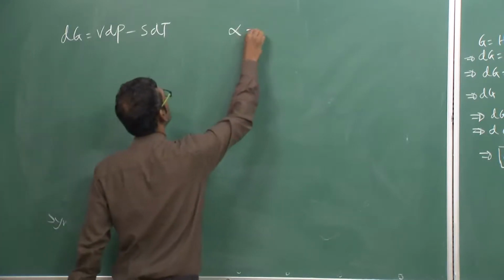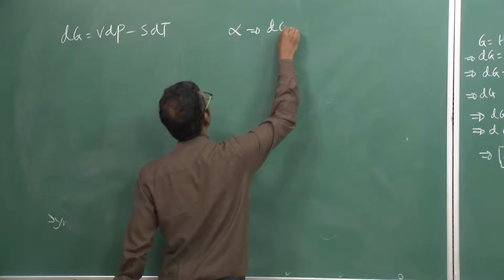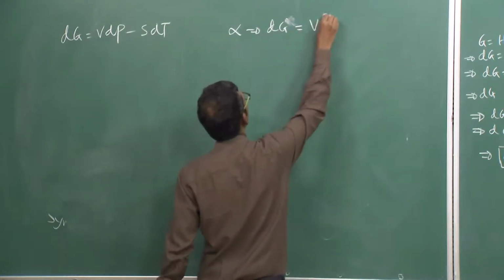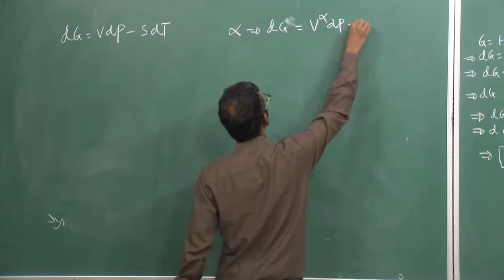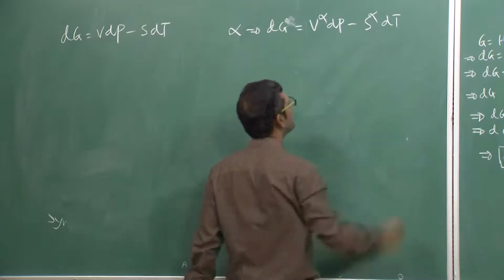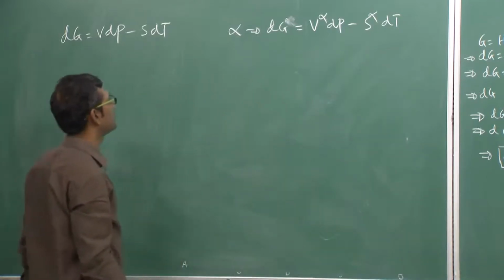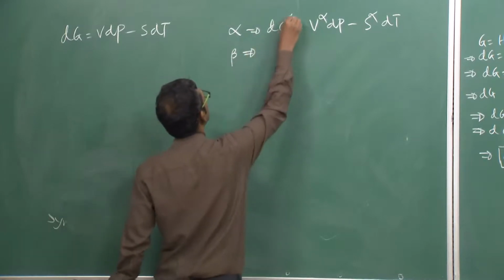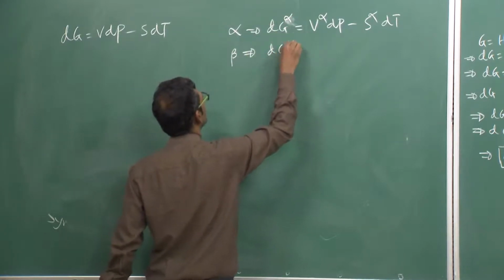So for alpha we can write dG alpha is equal to V alpha dP minus S alpha dT at any temperature and pressure, P and T, right? Similarly for beta.